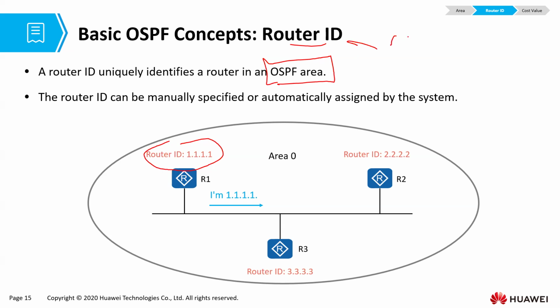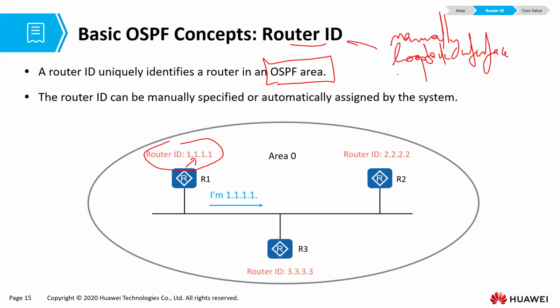This router ID can be manually configured. You can manually configure the router ID as 1.1.1.1. Or you can choose to use a loopback interface on that router. Why a loopback interface? Because that's an interface which is always up.